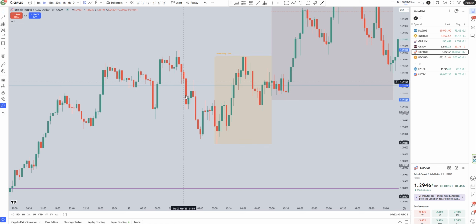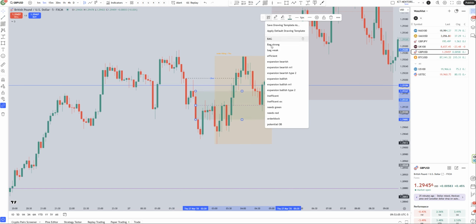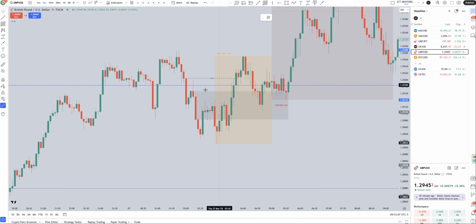Additionally, expansion OB. Two-bar order block, two-bar order block buy, 50.